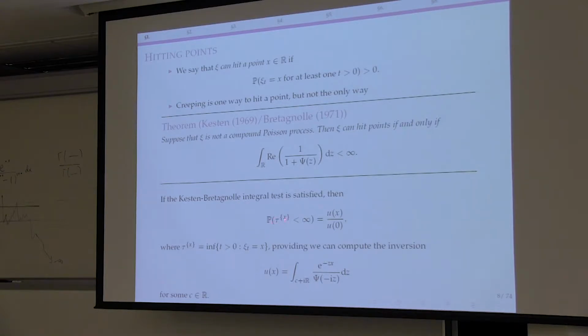So the probability starting at 0 and hitting x is the ratio of u of x over u of 0, where u of x is, you might think of this as the inverse Fourier transform of 1 over the characteristic exponent. So there's lots of magic hidden inside of this characteristic exponent. It's called the characteristic exponent because it characterizes the process, and all of these theorems are telling you how to extract information about fine path properties from this one object that characterizes the process.